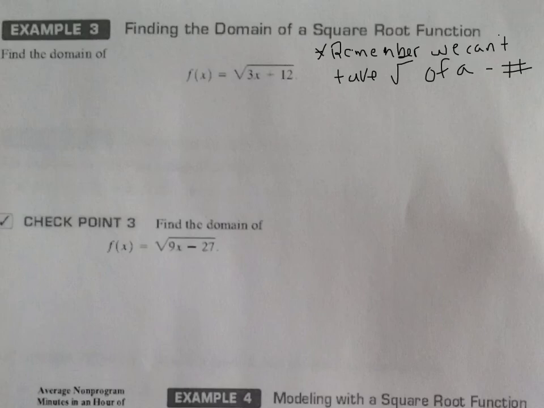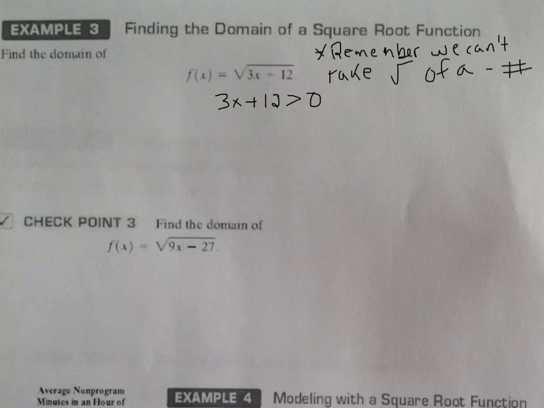What we're limited by in our domain is what number we plug in for x that's going to make a negative. Or the other way we can think of it is, underneath the radical here, this 3x plus 12 has to be a positive number. It has to be bigger than 0. So I can take this 3x plus 12 and set it greater than 0.